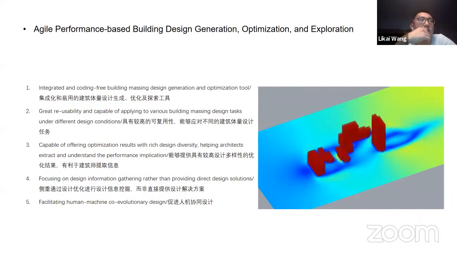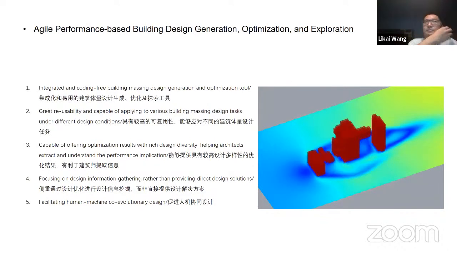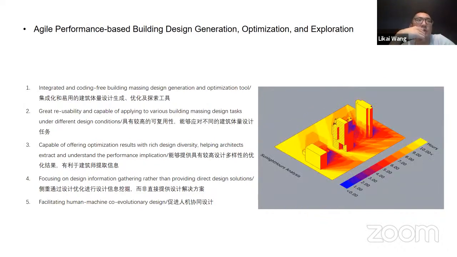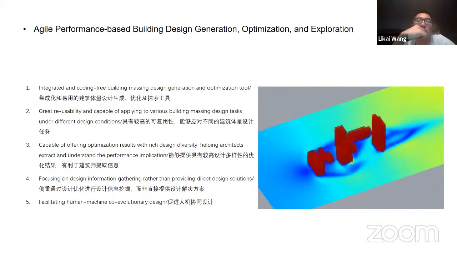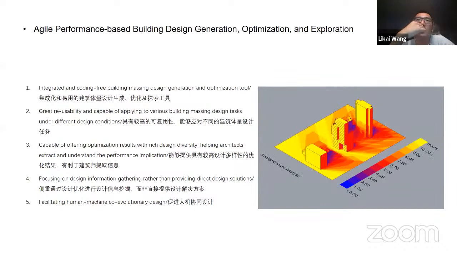And the third feature is that EvoMass is able to offer optimization with rich design diversity, which is aimed at helping the architect to extract and understand the performance implications.